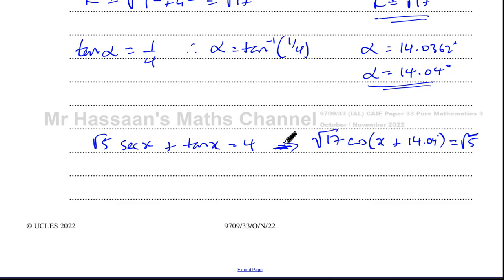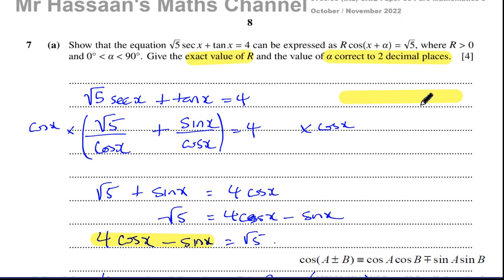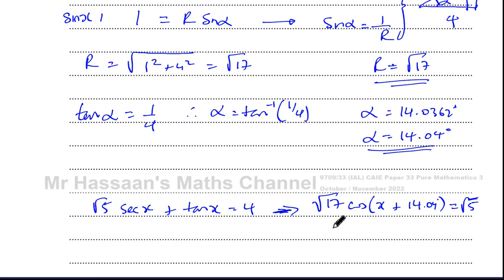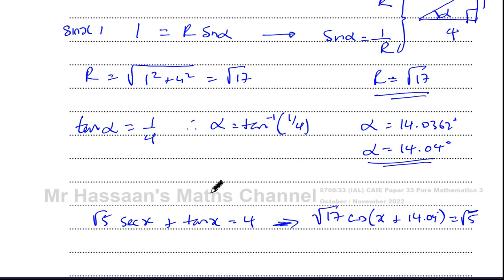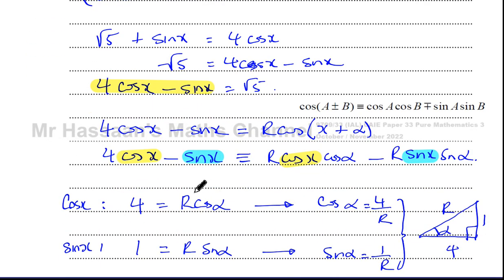So this is something that we had to show, that this equation we rewrote in this form. And that's exactly what we had to show. R cosine x plus alpha equals root 5. Okay, good. So we got the answer to part A. This was a question in which many students didn't know how to proceed, because normally the question is given already in this form.